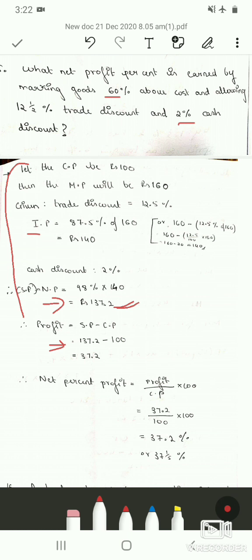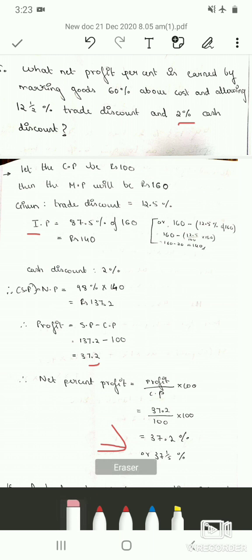Therefore 137.2 minus 100 is 37.2. But they have asked to find out the net profit percent. Therefore net percent profit is profit divided by cost price into 100. So we got profit as 37.2 and cost price we know it is 100. So therefore the net profit percent is 37.2%.